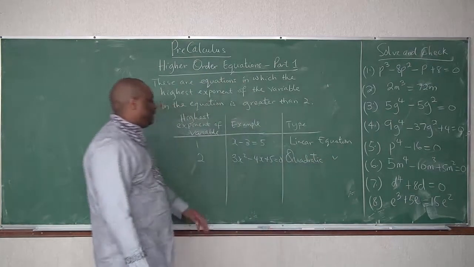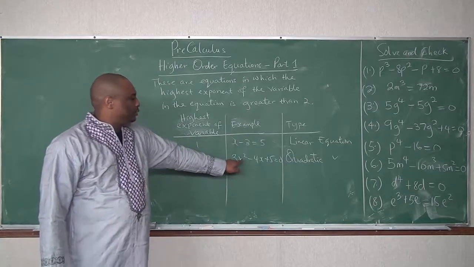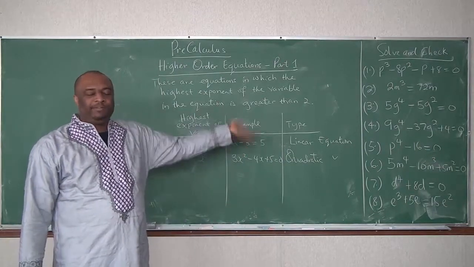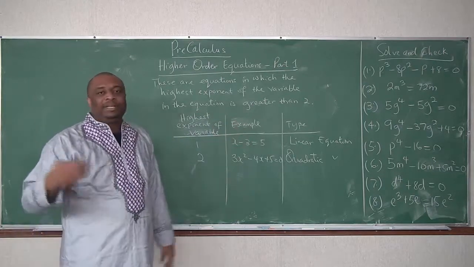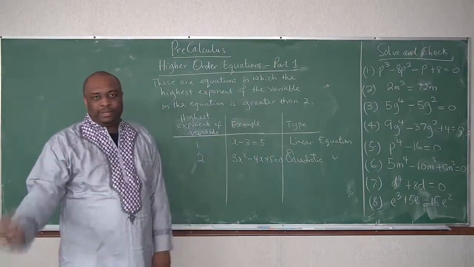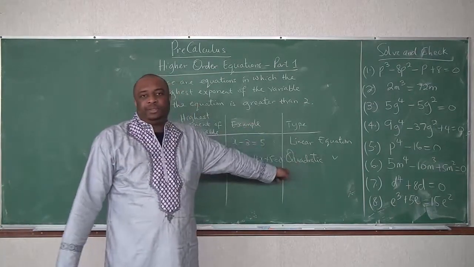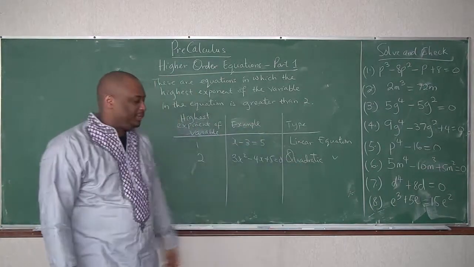The highest exponent of the variable x is 2. That is why we refer to it as a quadratic equation.